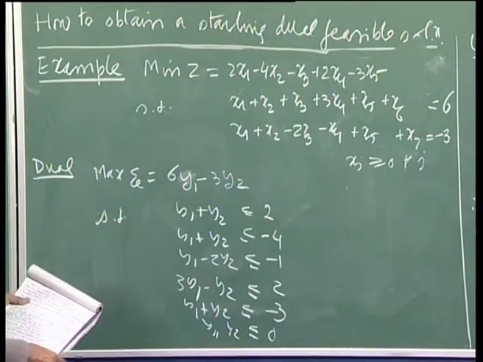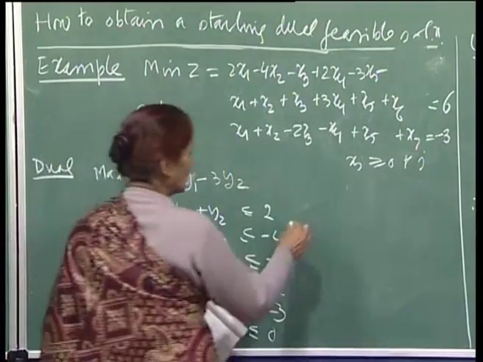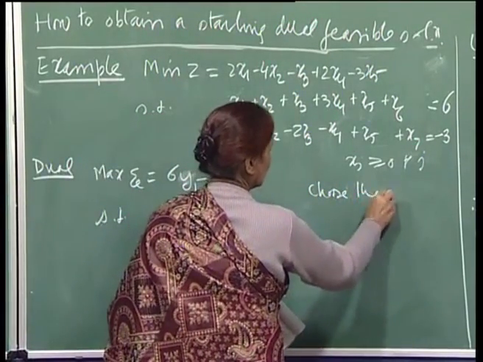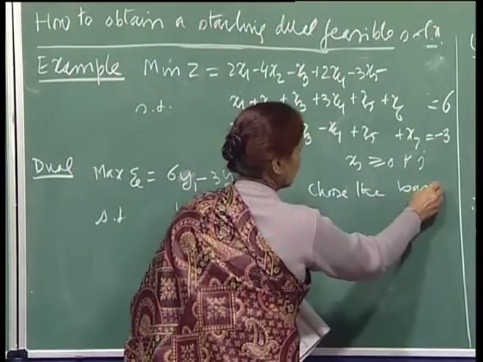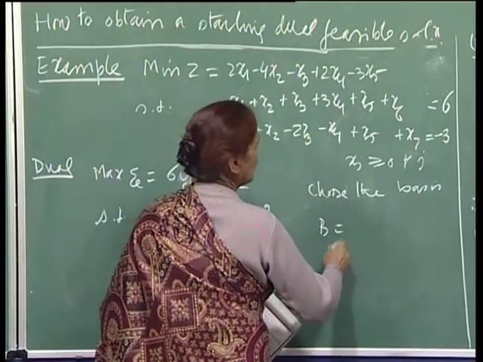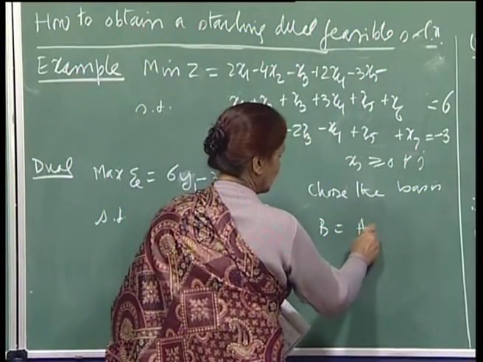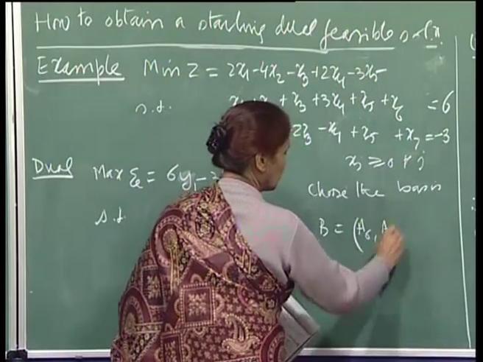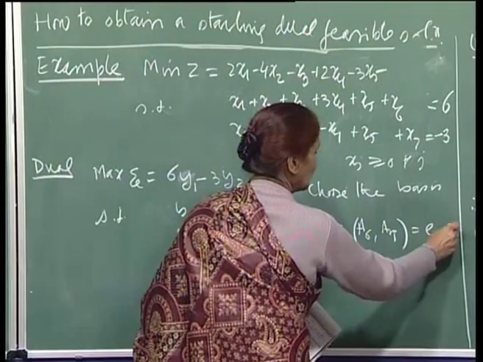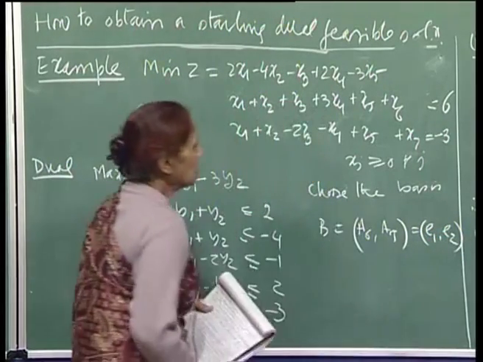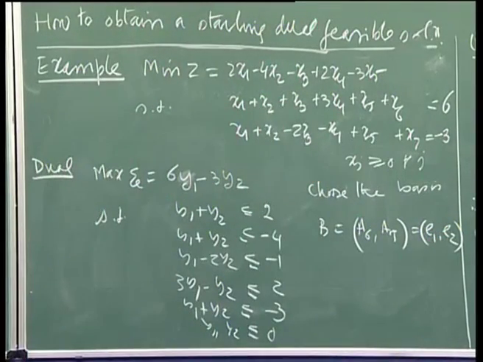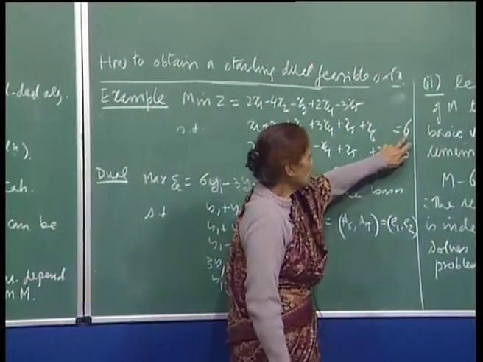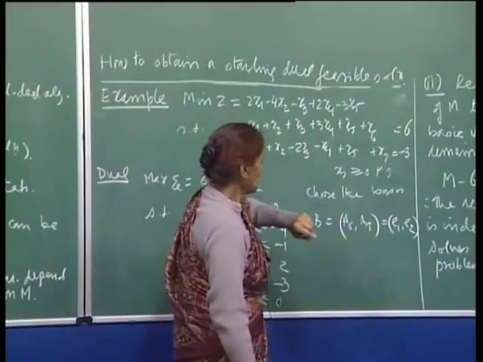So, in any case, if I choose the basis B as A6 and A7, which is e1, e2, then that basis gives you the basic solution x6 equal to 6, x7 equal to minus 3.